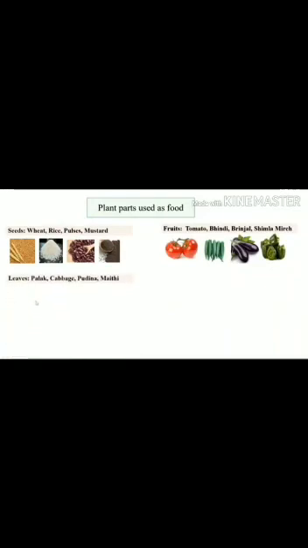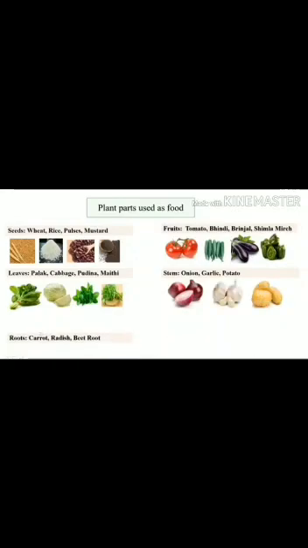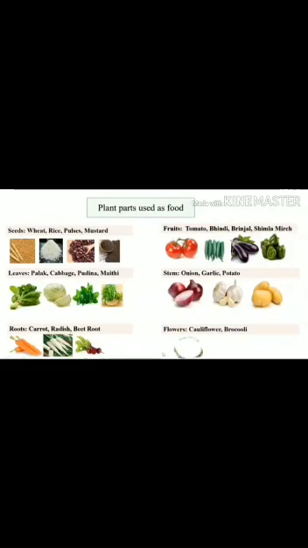The leaves of palak, cabbage, pudina and methi plants are eaten, whereas stem of onion, garlic and potato plants are eaten. Roots of carrot, radish and beetroot plants are eaten, whereas we eat flowers of cauliflower and broccoli plant.